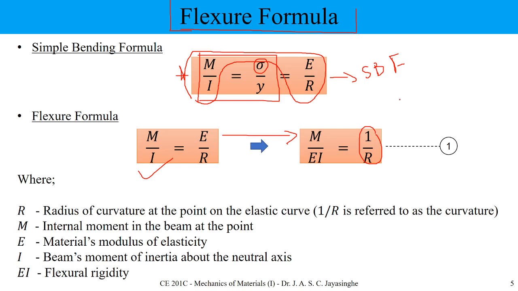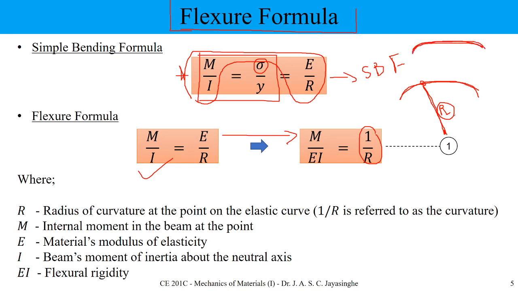Curvature means that after your beam deforms, at any point you can get the radius of curvature, this is r, and 1 over r defines the curvature. It's a mathematical term. And this is a radius. Of course, here we are expecting the beam to undergo very small deformation.